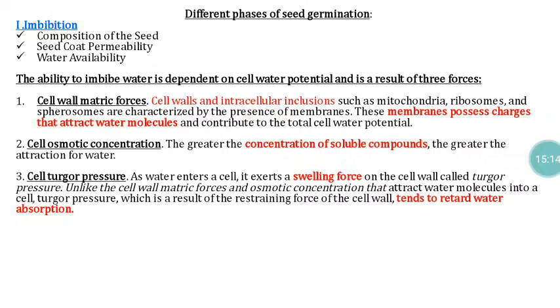In some other cases like salt affected soil conditions, the soil will have some water, and the seed you are going to sow also has some amount of water. If you compare the seed sap concentration with the soil water concentration in salt affected soil, the soil water concentration will be more. At that time, instead of water entering into the seed system, whatever moisture is available in the seed system will come out of the seed system.